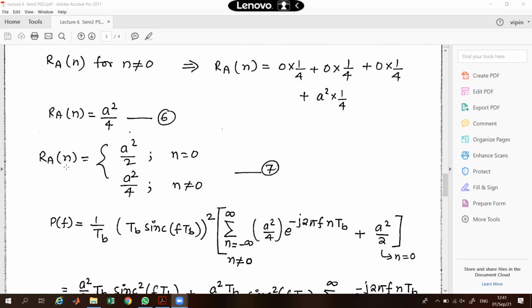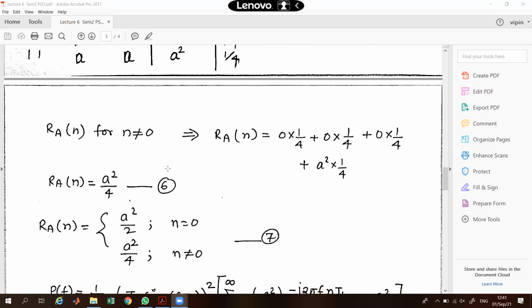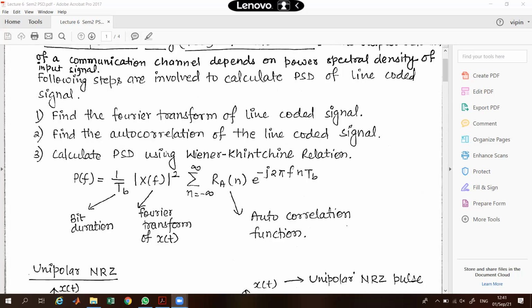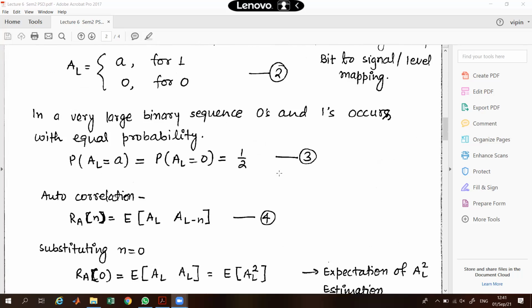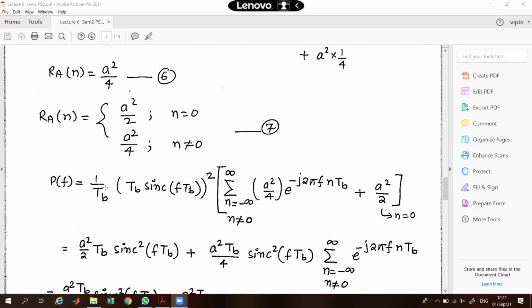So R_A(n) is A square by 2 for n equals 0, and A square by 4 for n not equal to 0. When we put these values into this formula, put all the values of R_A(n), the function becomes this form: Tb sinc square(f Tb) times the summation from n equals minus infinity to infinity, with A square by 4 when n is not equal to 0, and A square by 2 when n equals 0.